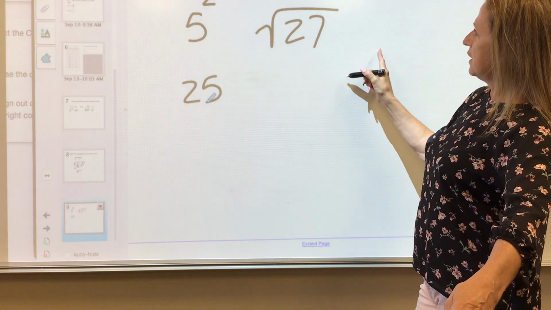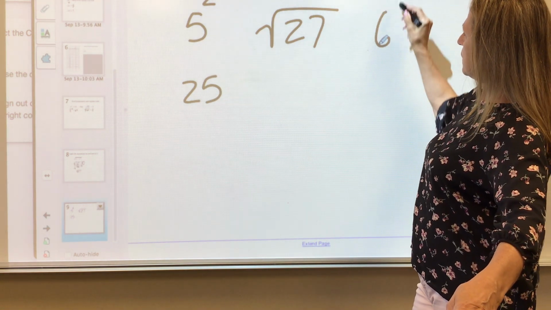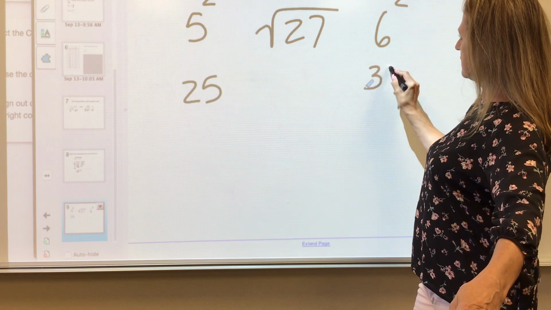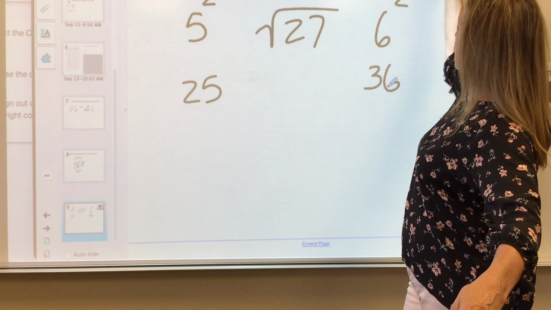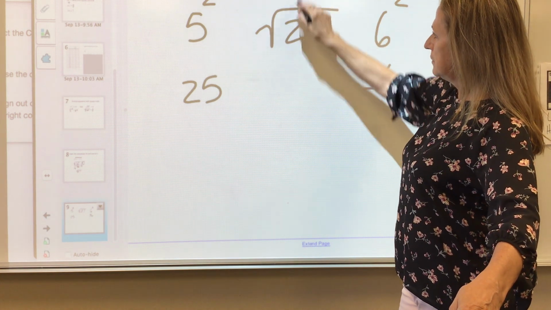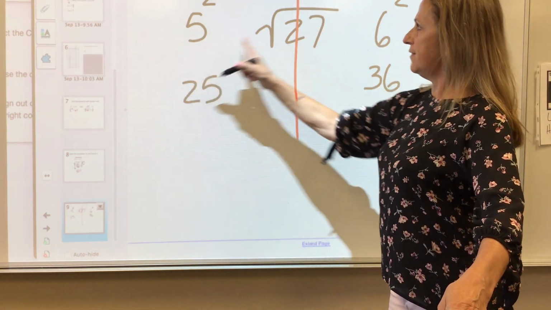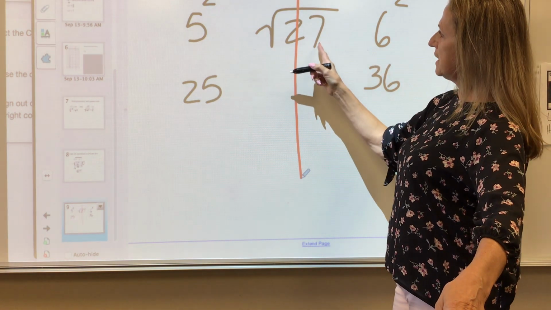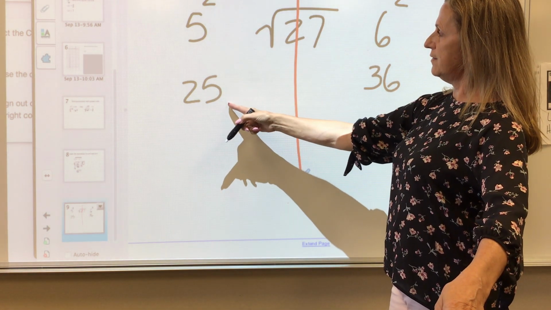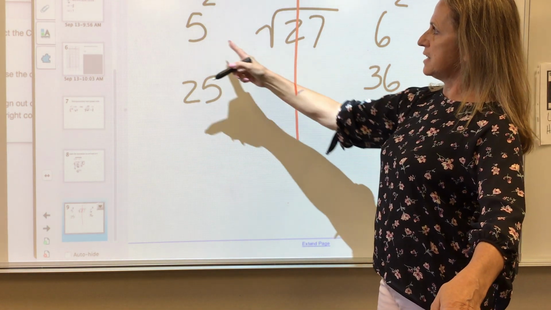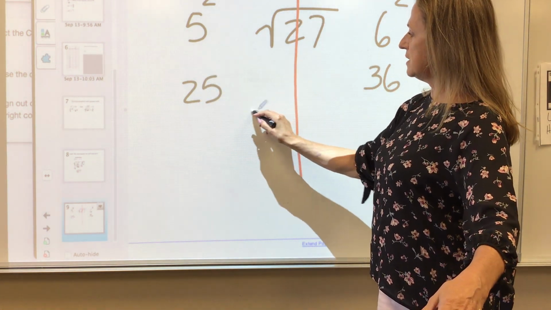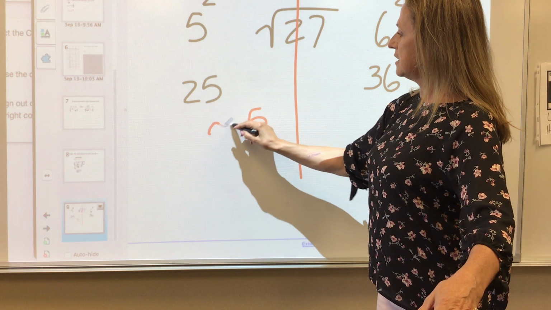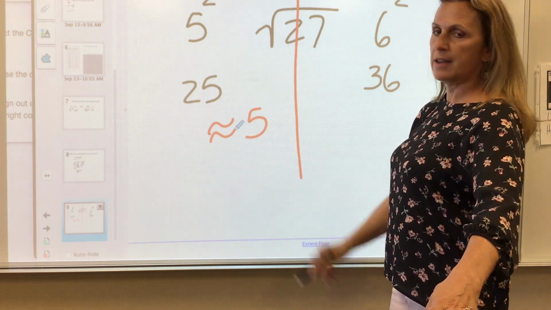And then if I took on the other side 6 and squared it, I would get 36. So that means the square root of 27 lies somewhere between 5 and 6. 27 is closer to 25, so that means the square root of 27 is going to be closer to 5 than it is to 6. So estimation-wise, I'm just going to say it's approximately 5.